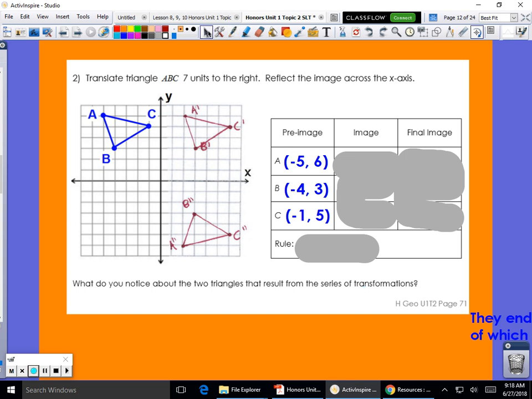Did it matter? So if we translate 7 to the right, I'm sorry, we're going to add 7 to the x, right? But then if we reflect over the x, what happens? Because we're reflecting over the x, really the x stays the same and the y becomes its opposite.